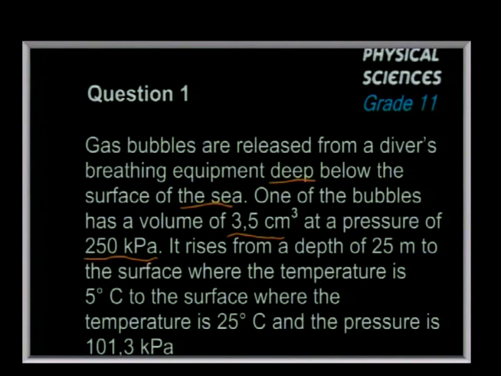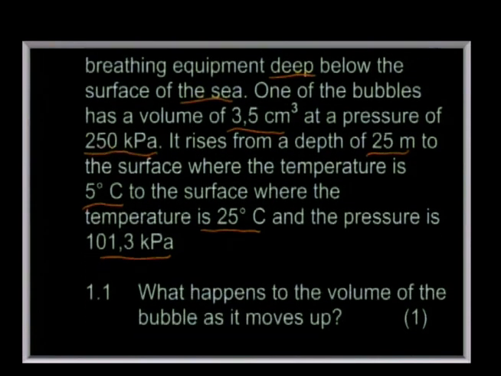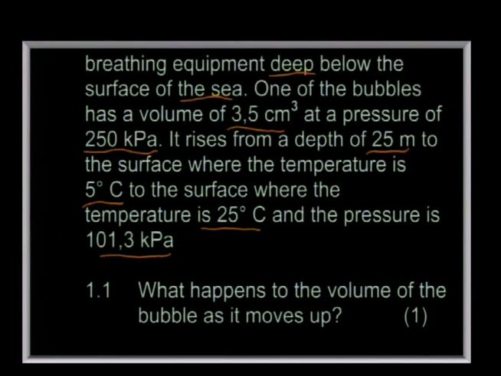It rises from a depth of 25 meters, where the temperature is 5 degrees Celsius, to the surface, where the temperature is 25 degrees Celsius, and the pressure is 101.3 kilopascals. So we're given volume and temperature readings, and we're given pressure as well.